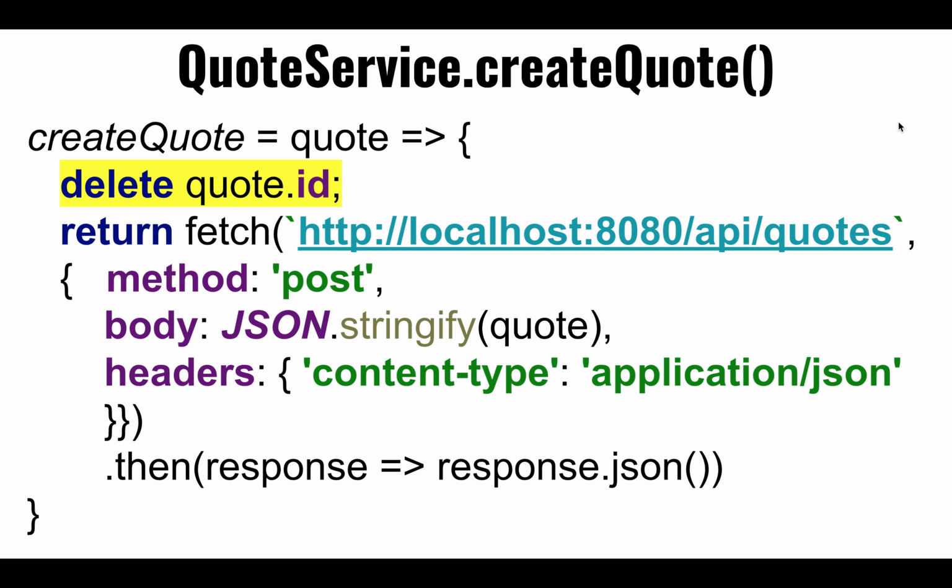So here I am explicitly deleting a quote.id, and then I'm sending a JSON post as opposed to a get. Here the fetch by default is a get. So if you want to use anything other than a get, you have to explicitly provide a configuration object. Here we're saying that the method is a post. We're sending some data across. We're going to convert it from a JSON object into a string, right?